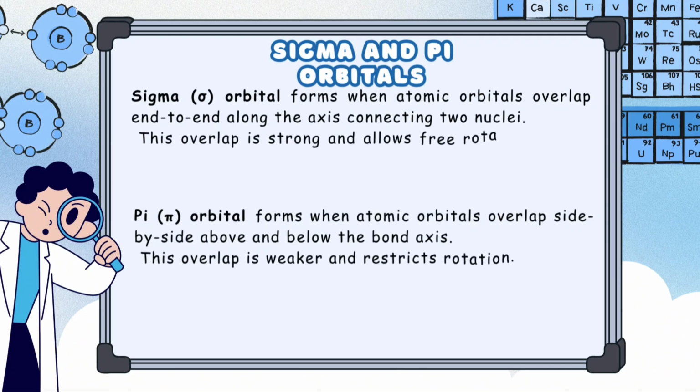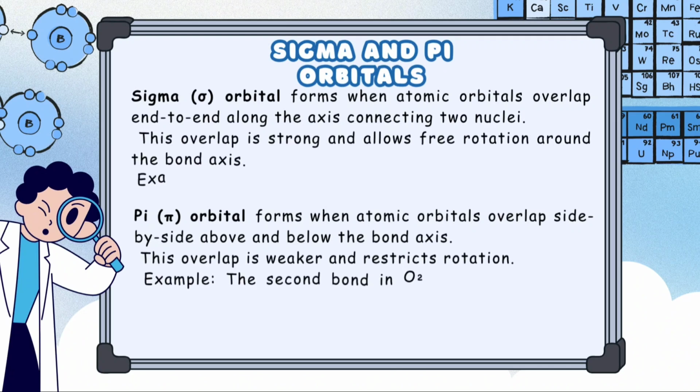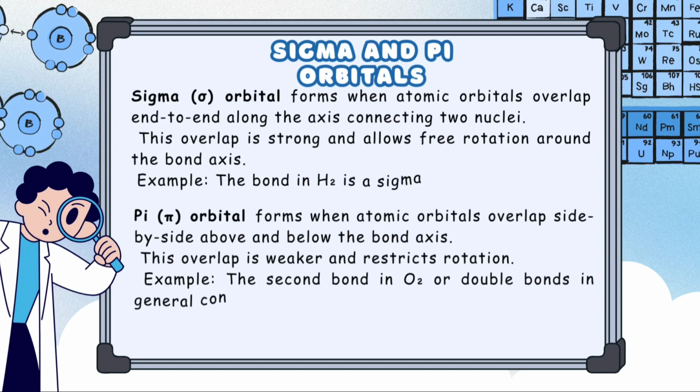Sigma orbitals are atomic orbitals that overlap end to end along the axis connecting two nuclei. This orbital is strong and allows free rotation around the bond axis. The bond in H2 is a sigma bond.